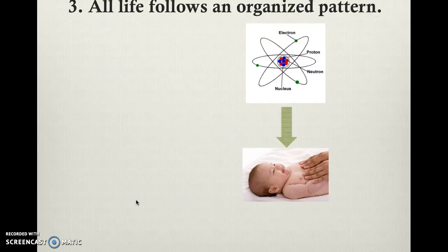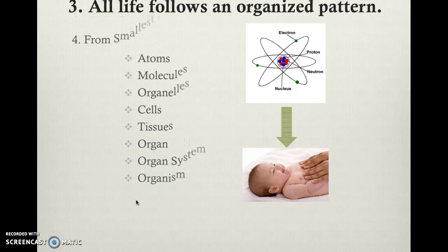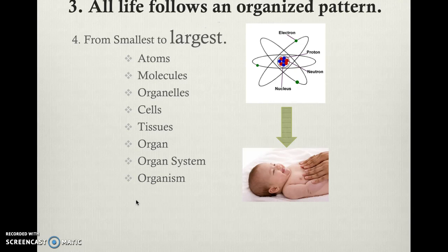Going on to question number 3, all life follows an organized pattern. We have 8 different levels here, and question number 4. We go from atoms all the way to an organism, and within that we hit molecules, organelles, cells, tissues, organs, organ system, and organism.